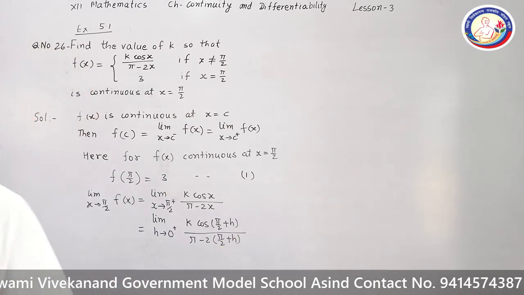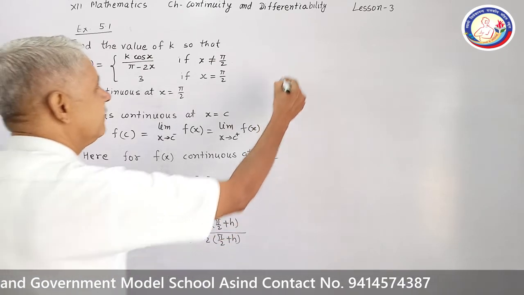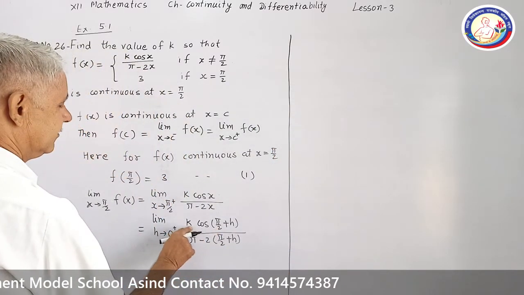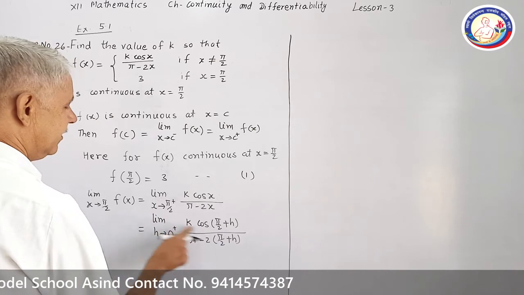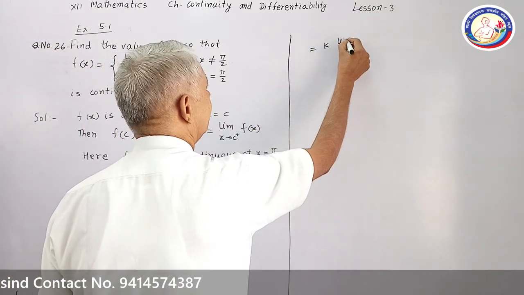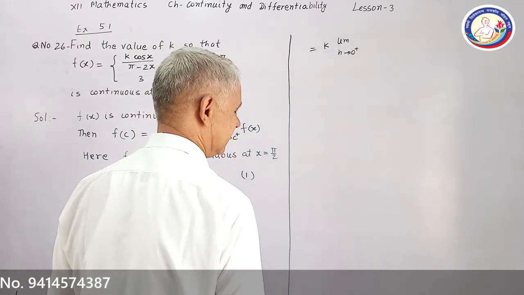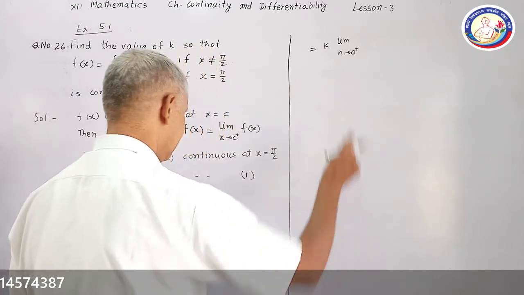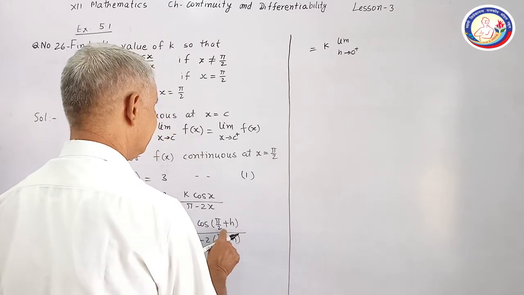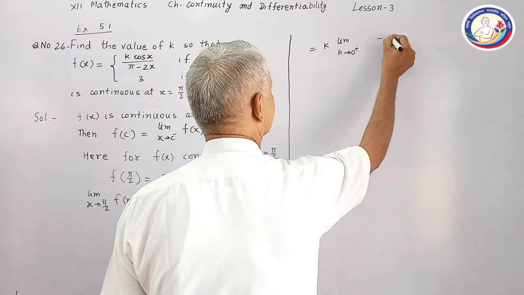Now solve it further. We will have k, which is constant, so we can take it outside. Limit h tending to 0 plus, for right hand limit it is like this: cos of (pi by 2 plus h) is minus sin h.